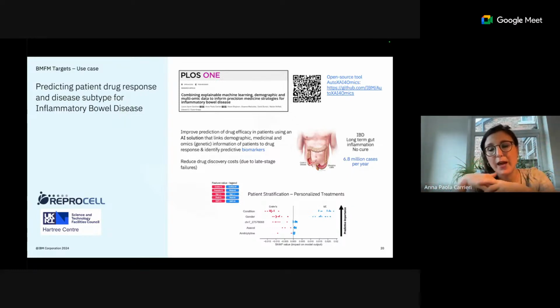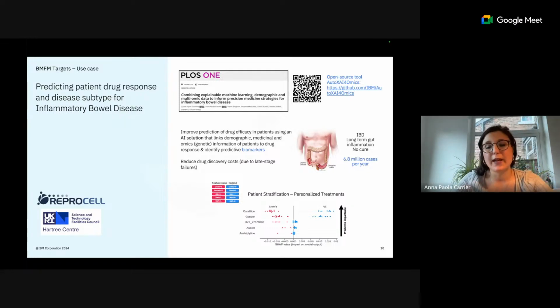So the problem here: we had patient data from our clients. These were patients affected by IBD, inflammatory bowel disease, either Crohn's or colitis. We had genomics data, we had transcriptomic data, all matched, obviously, and then we had patient information such as their medical history, demographics, and the medicine they were prescribed.